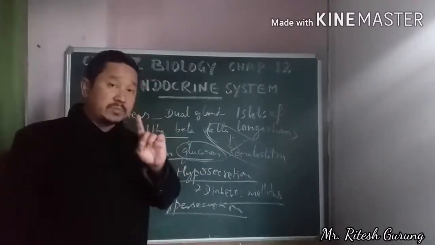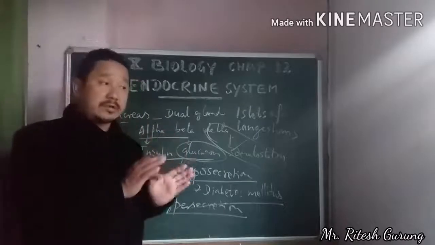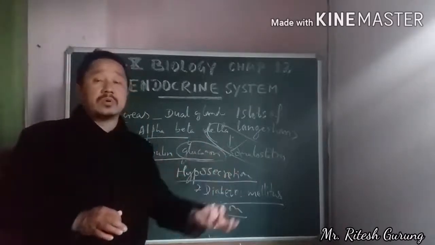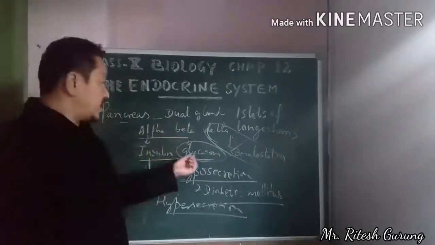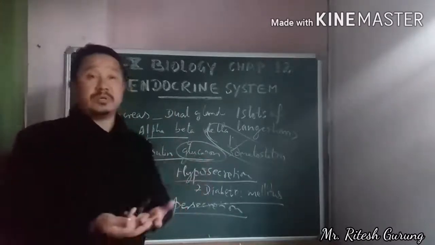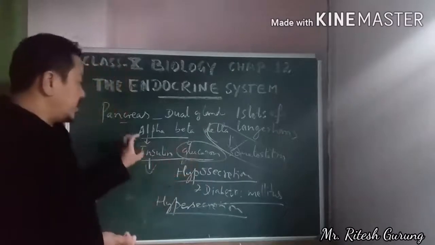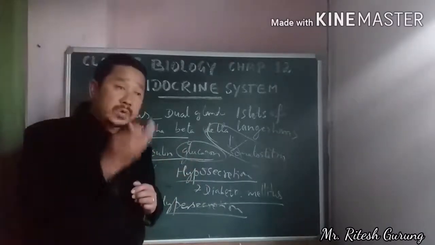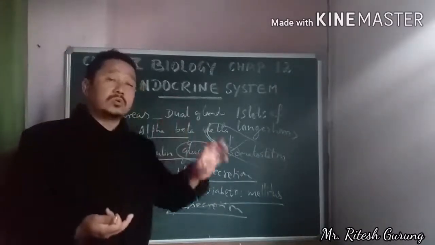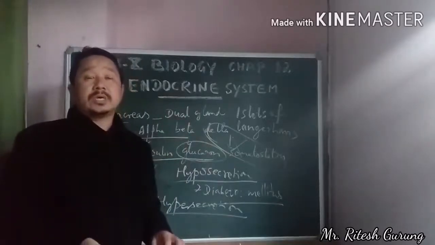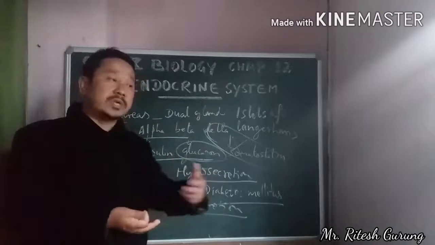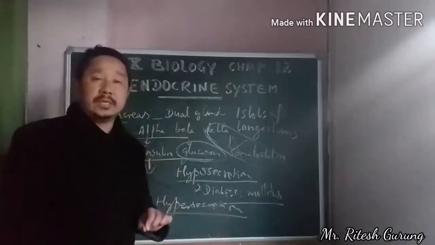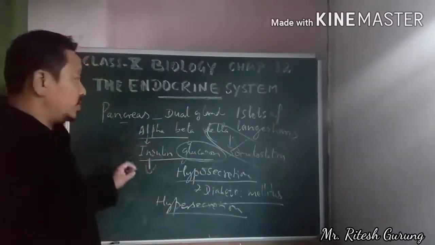Don't be confused here, glucagon and glycogen. Glycogen is the stable form of glucose, so that it can be stored in liver cells and in the muscles. But glucagon is a hormone. So insulin promotes the conversion of glucose into glycogen, and it promotes the storage of this glycogen in the liver cells or in the muscle cells.